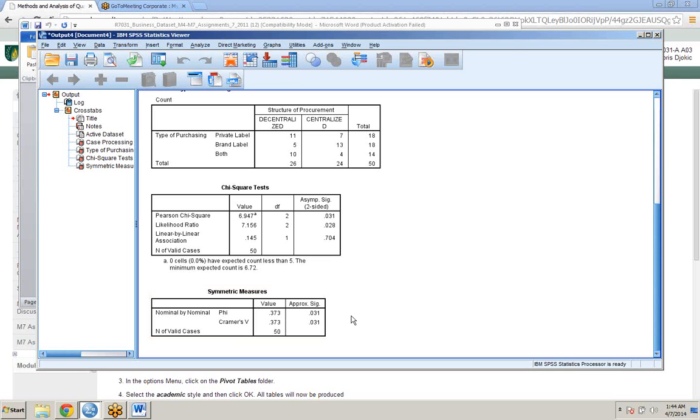So for more of the interpretation, go check chapter 8 in the SPSS for Windows textbook, or go to the live lecture that's in the doc sharing, the only one that's related to non-parametric testing.